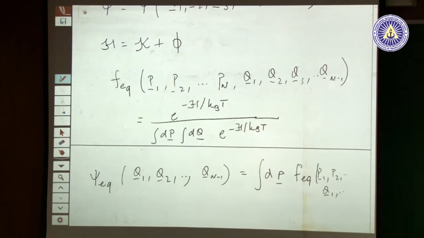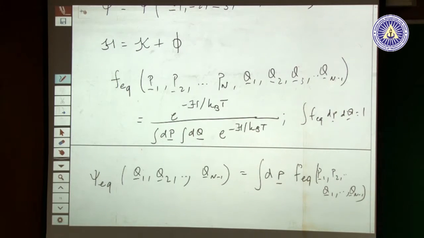If you integrate out all the dependence on the momenta, you are left with only the dependence on the bead connector vectors, and I call that the equilibrium distribution function. Now, obviously you can see that the integral of F equilibrium dp dq is equal to 1, right, just from the definition, and it has to satisfy that.